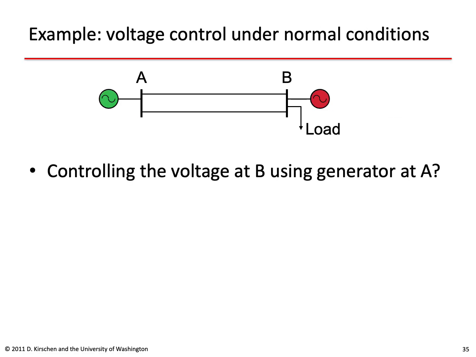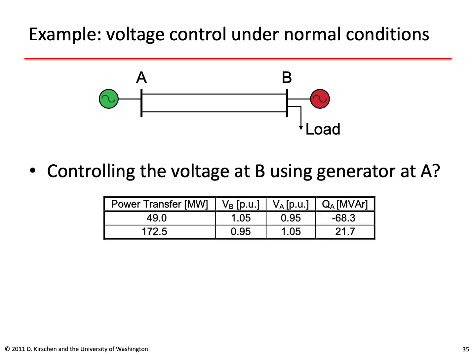Now we can use this example also to explore whether we could control the voltage at B using the generator connected to bus A. And here are the results. But we will find that there are some severe limitations.